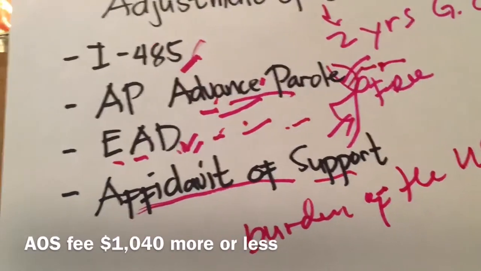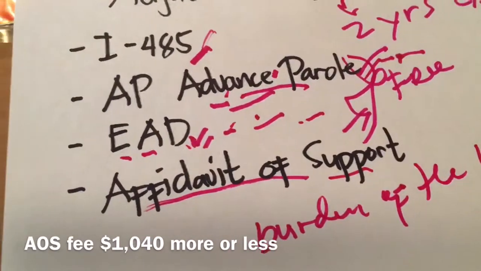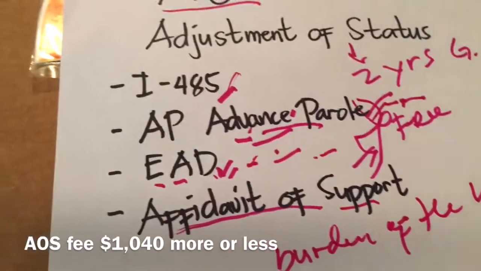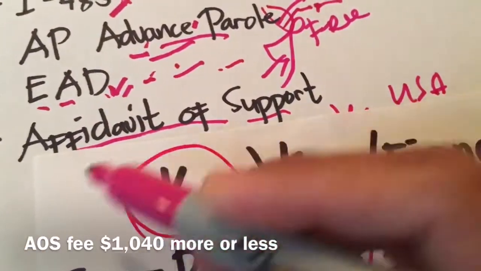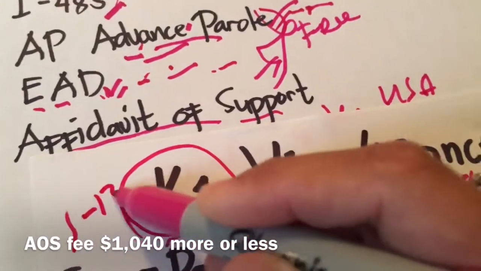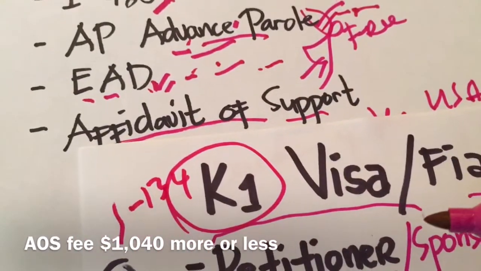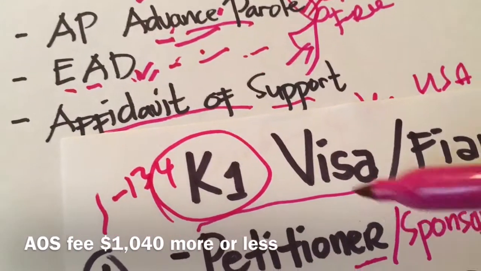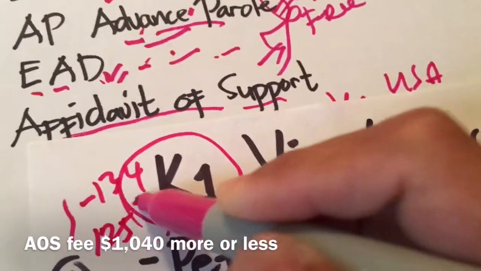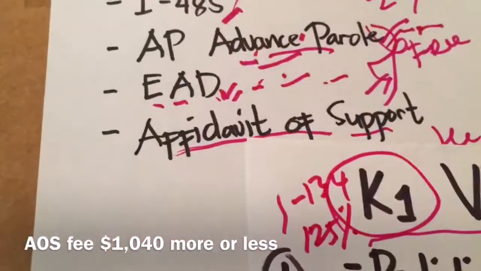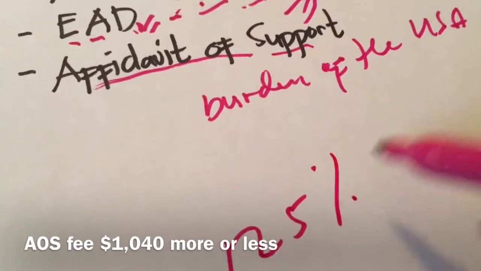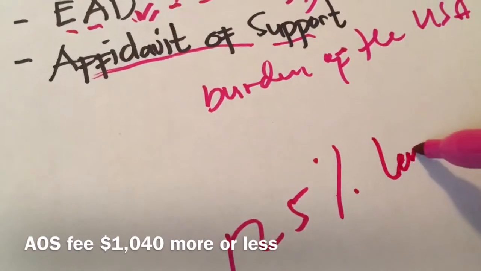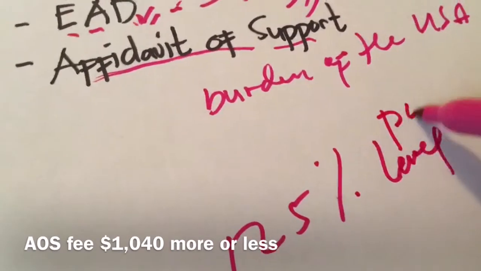Then there's a certain amount in the K1 visa. There's also an affidavit of support, the I-134, which requires 125% of the poverty level.